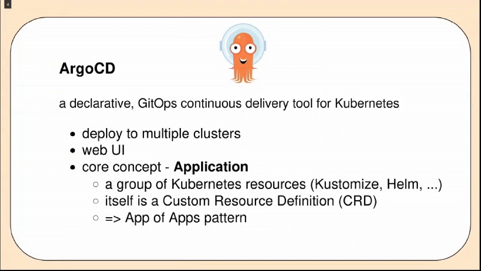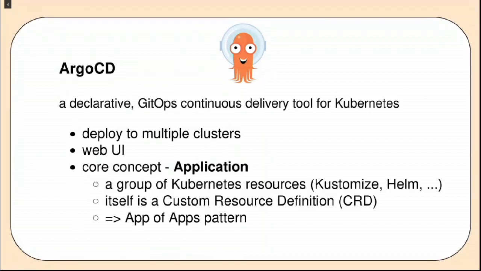The core concept in ArgoCD is called application, and it represents a group of Kubernetes resources. This group can be defined in multiple ways: Kustomize, Helm, or just a simple directory with YAML manifests. It really depends on you.